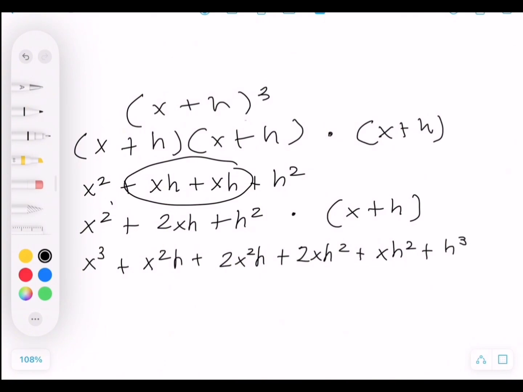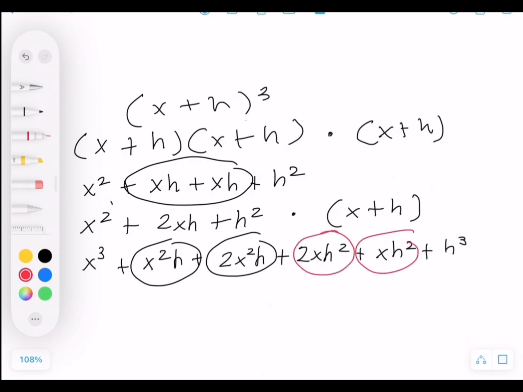Then combine like terms, we have this and this. Then we also have this and this. So you combine them, copy x cubed. And you have a 1 here, so that will give you 3x squared h. Plus, you also have a 1 here, so that will give you 3x h squared plus h cubed.